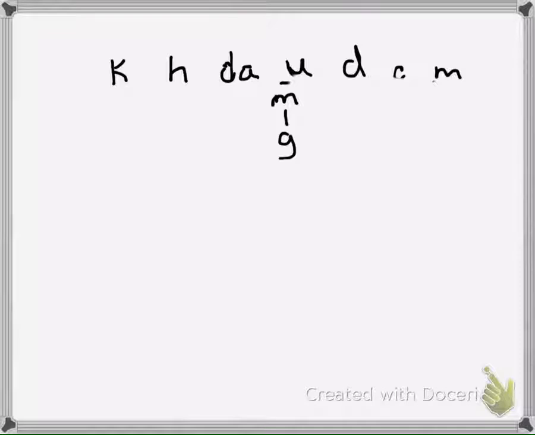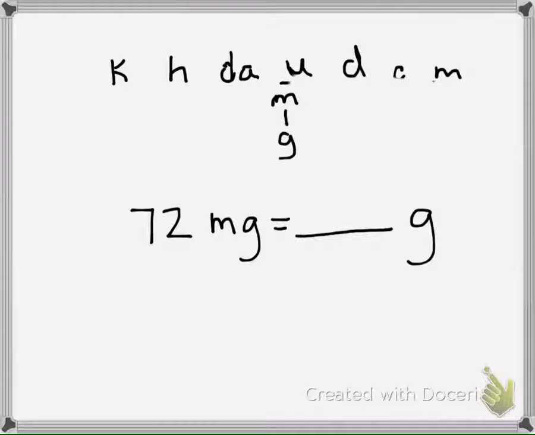It depends on whether you're talking about length or volume or weight. All right, this time, we're going to start with 72 milligrams, and I want to switch that to grams.